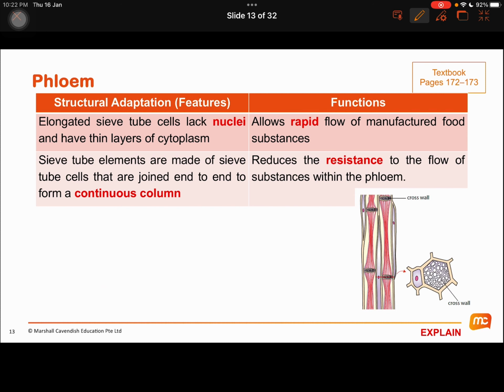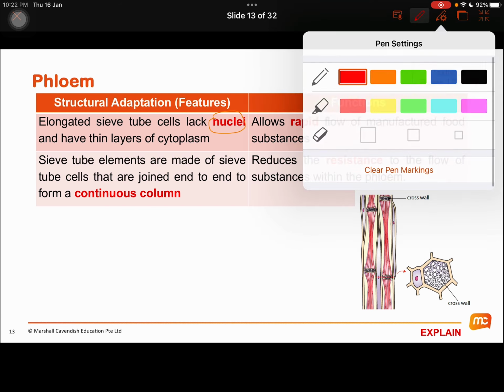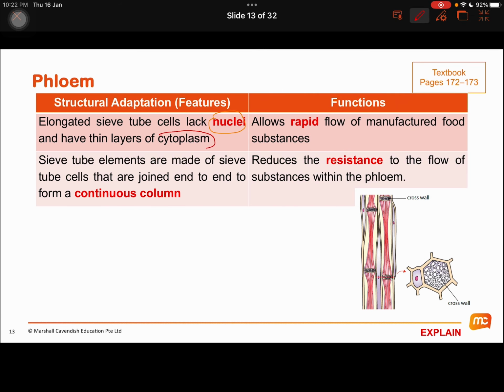Similar to xylem, the sieve tube cell lacks a nucleus. It still has a bit of cytoplasm, whereas in the xylem there is no cell membrane, no cytoplasm, no nucleus. So I'll write it down over here.